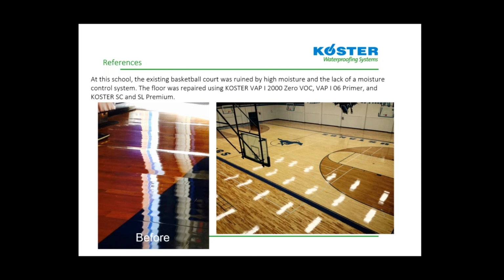The floor is repaired using VAP 2000 VOC. We use the VAP 06 primer as a bonding bridge for the self-leveling underlayments, and then we installed a new sports floor. Picture on the right is obviously the finished floor. So we were able to solve the problem and provide a suitable floor for the installation.